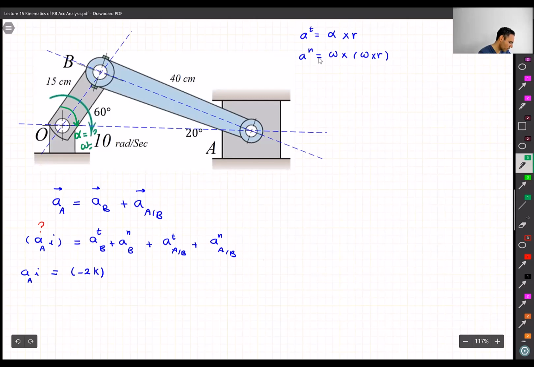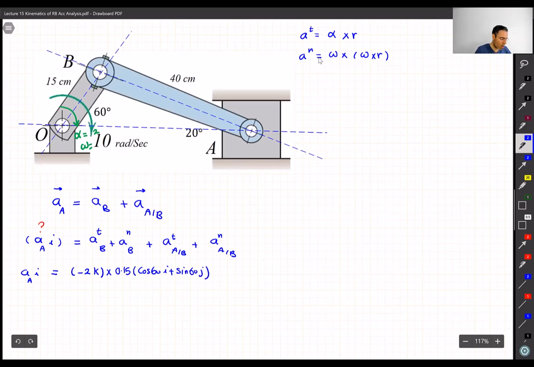Alpha is equal to 2. So that's about it. Cross R. We already found R. R was 0.15 cosine 60 I plus sine 60 J. Same R that we talked about before. So this is all about the tangent component.